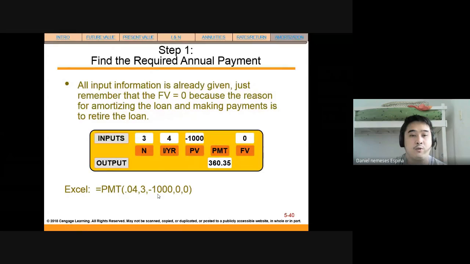That's what you receive today. Then 0 as to payment, and then type 0 because you will pay at the end of the period. Pero kung magbayad ka at the start or advance payment, that's equivalent to 1. Alright, so ang nakuha nato sa Excel is 360.35.